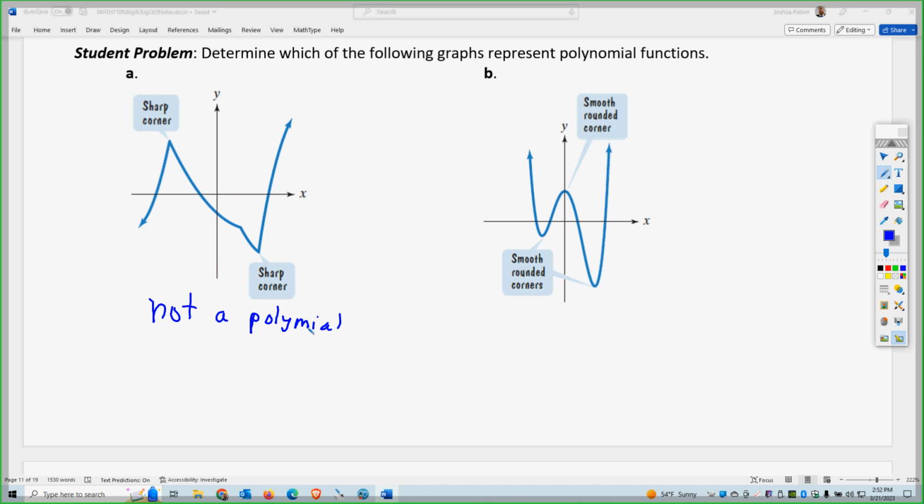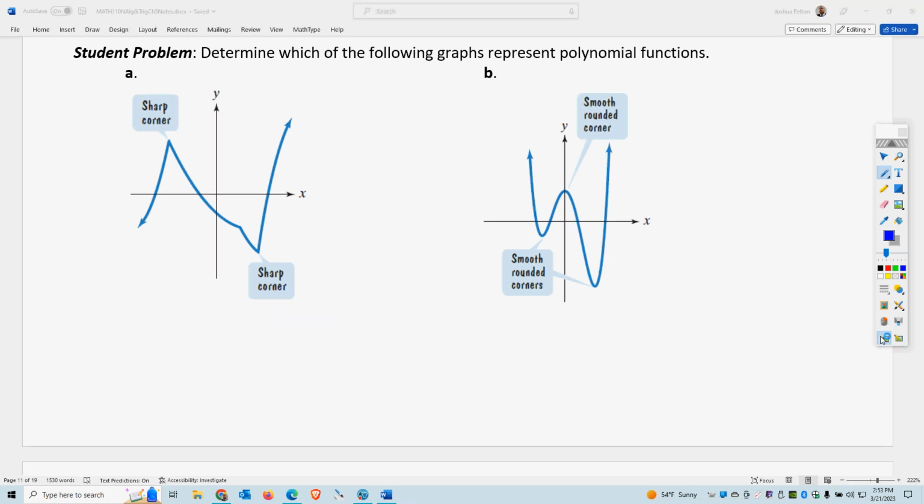So not smooth. You can't have corners or cusps or anything like that. Not a polynomial. Okay, so this one is a polynomial, because if I put my pen on there, I can draw it. There's no corners, no cusps, and I don't have to pick up my pen at all because it's continuous. That follows the definition basically.